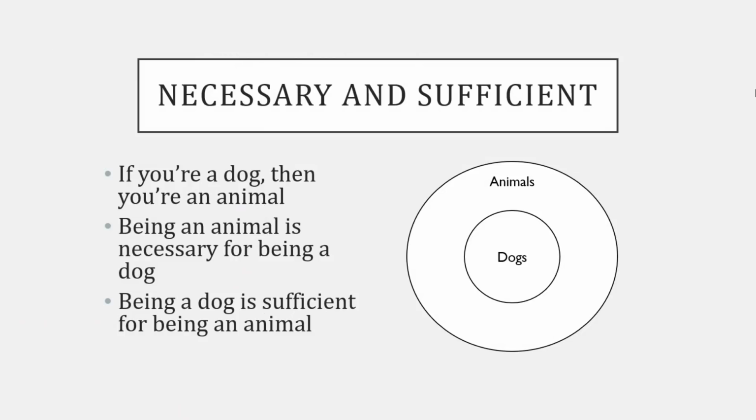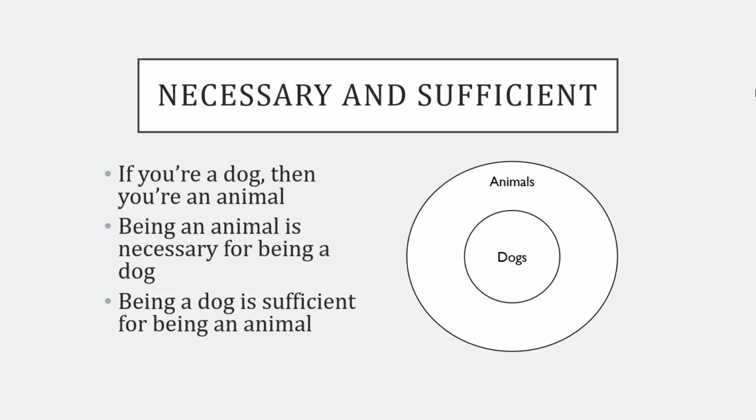If D, then A. Those aren't proper sentence letters, but being an animal is necessary for being a dog. Being a dog is sufficient for being an animal. And what we're saying is just about set containedness.